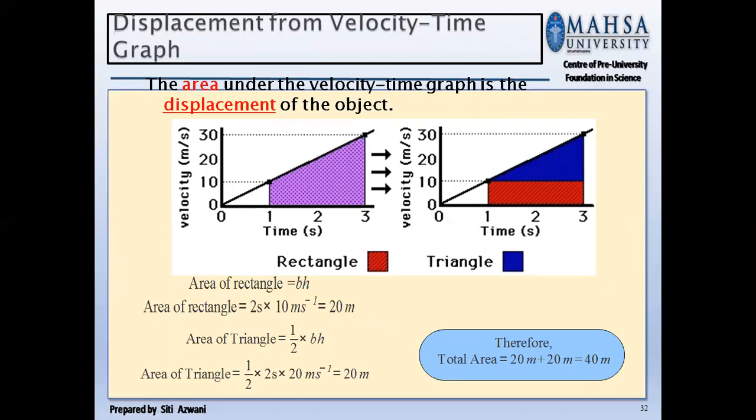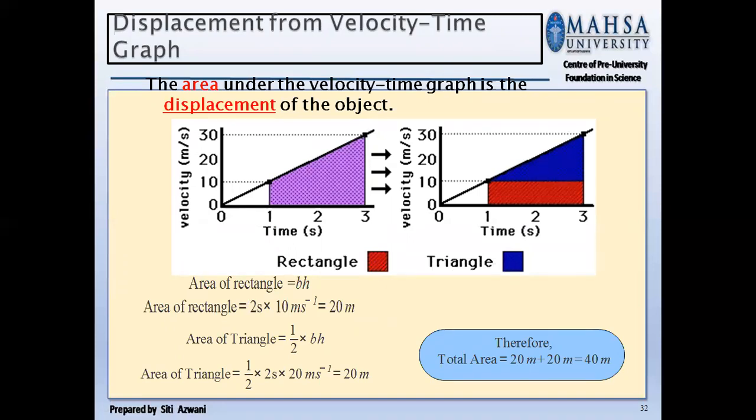You can calculate the area under the velocity-time graph. The first method: you can divide it into two areas, a rectangle by the red part here, a triangle by the blue part here, and then add them.